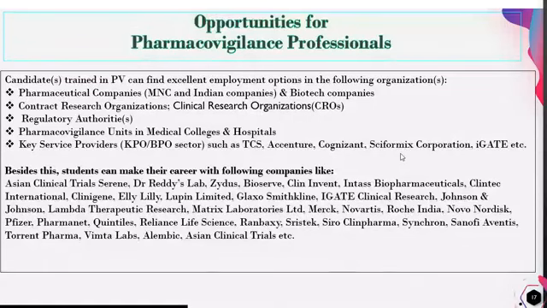They're like Asian Clinical Trials, then we have Dr. Reddy's Lab, Zydus, Biosur, Cliniminds, Intas Pharmaceutical, Cleantech International, Lupin Limited, GlaxoSmithKline, iGate Clinical Research, Johnson & Johnson, Lambda Therapeutic Research, Matrix Laboratories Limited, Novartis, Roche India, Novo Nordisk, Pfizer, Pharmanet, Quintiles, Ranbaxy, Ristek, Sirocin Pharma, Synchron, Sanofi Aventis, Torrent Pharma, Vimta Labs, and it's not complete.